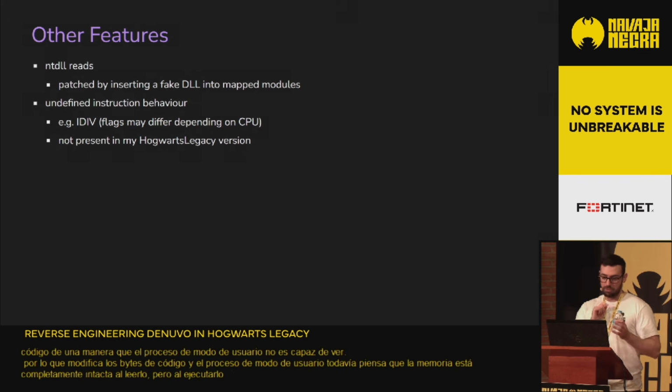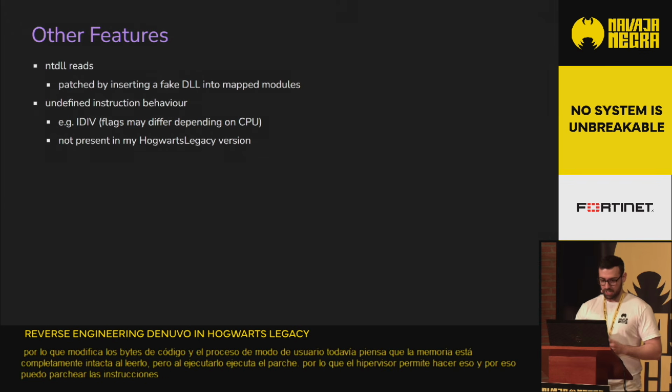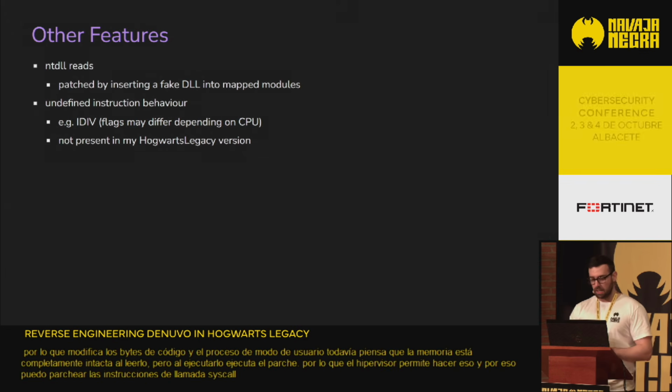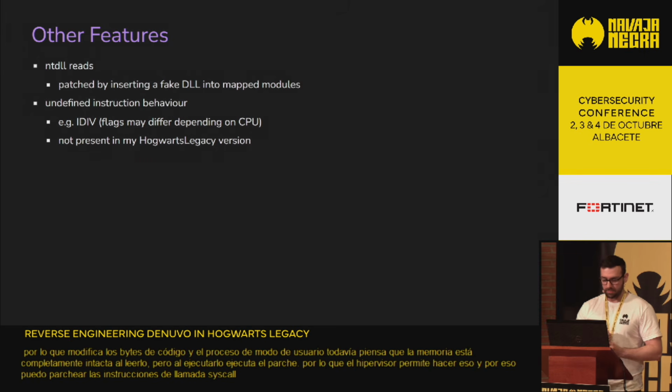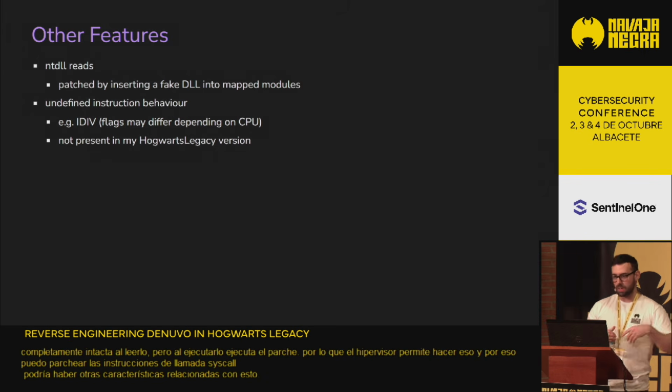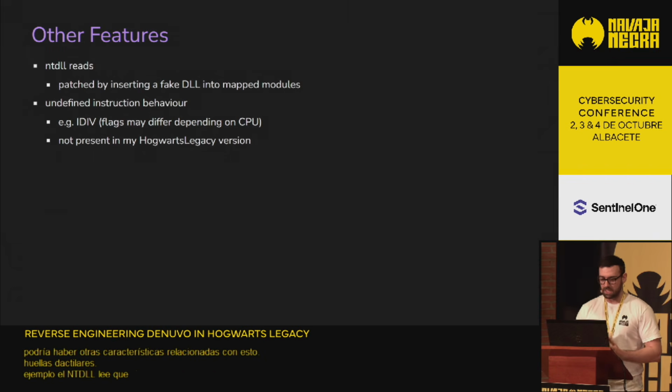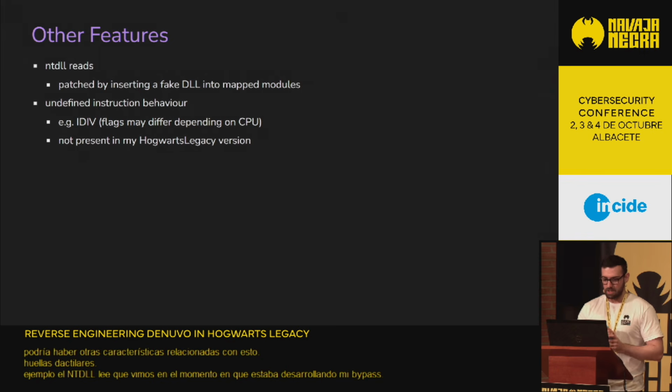There might be other features related to this fingerprinting. For example, the NTDLL reads that we saw. At the time when I was developing my bypass, I didn't know that these NTDLL reads were no integrity check. So I still tried to patch them by inserting some fake NTDLL into the mapped module list. But it turns out that it didn't matter, so it didn't change anything.